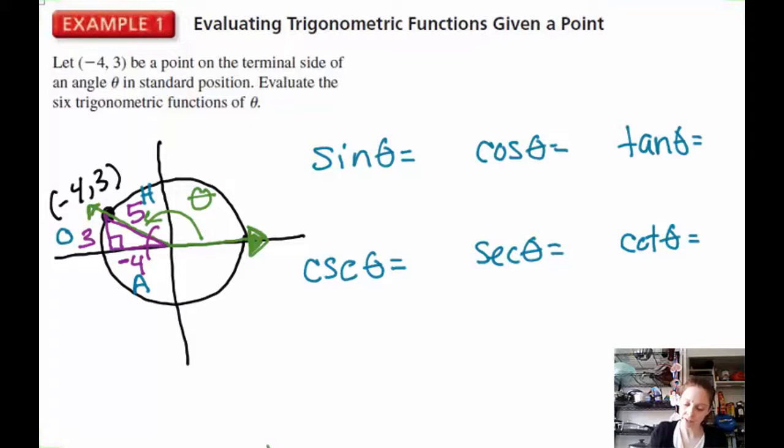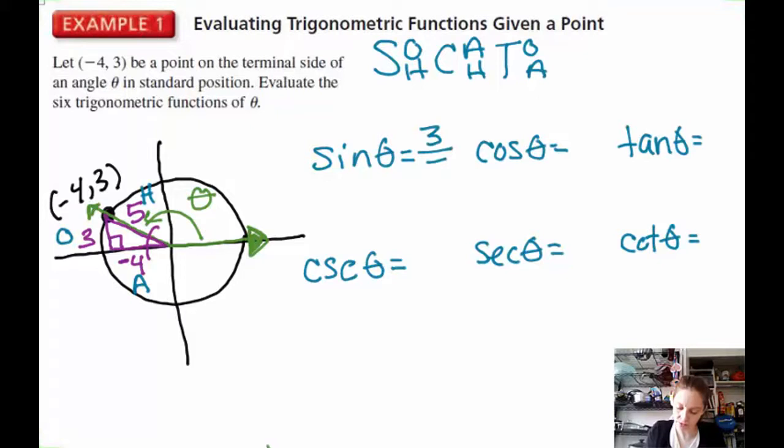Okay, and then I can write SOHCAHTOA, some old horse came a-hopping through our alley. So sine is opposite, 3 over hypotenuse, 5. Cosine is adjacent, -4 over hypotenuse, 5. And tangent is opposite, 3 over adjacent, -4. And typically in a fraction, just put the negative sign out.